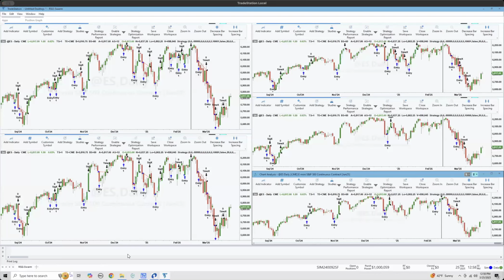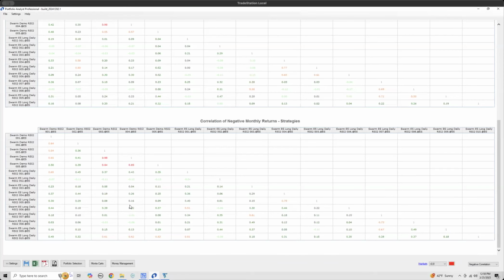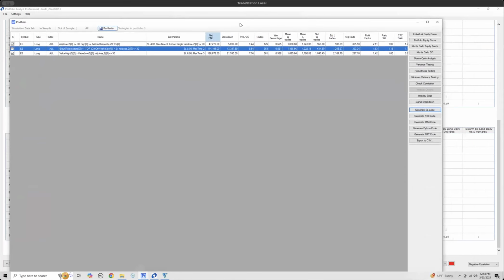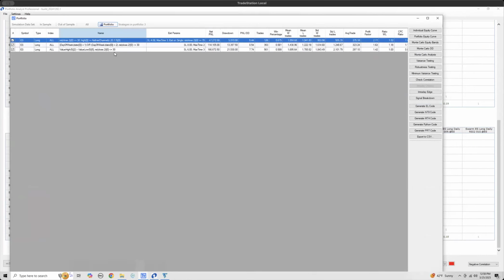Somebody's asking about the Build Alpha portfolio. Let me show you that portfolio. I don't use the Build Alpha portfolio as it currently is. That's not what I want. But they do have it, and it will combine them in here. So we just had 3 in here.